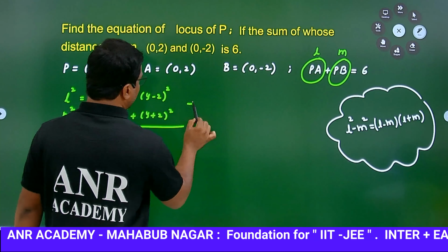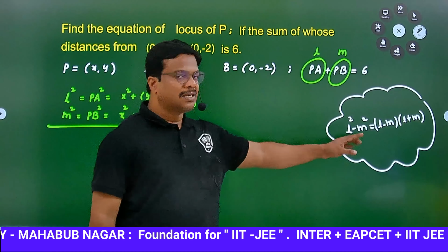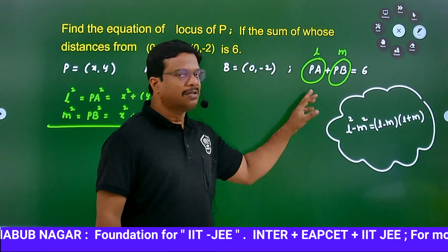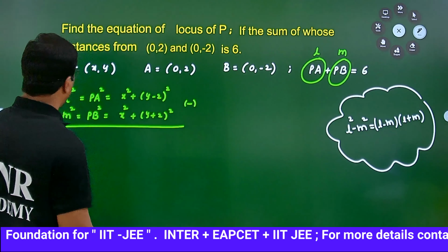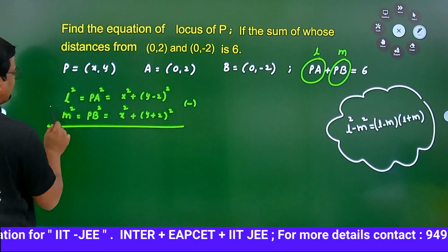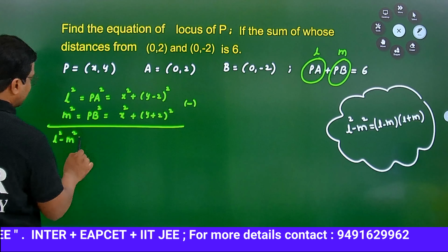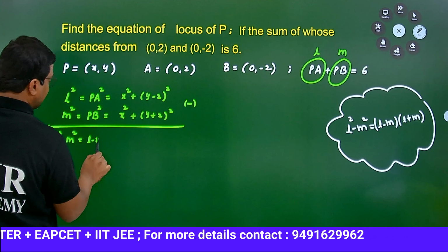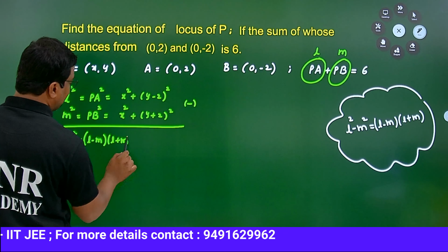Now subtract these two. Just now we discussed the short technique: L square minus M square equal to L minus M into L plus M. On subtraction, on the left hand side, what do we get? L square minus M square. That can be written as L minus M into L plus M, remember.